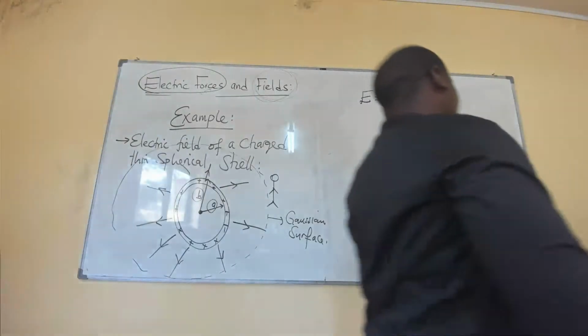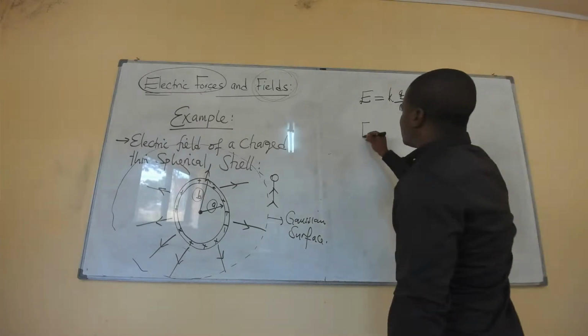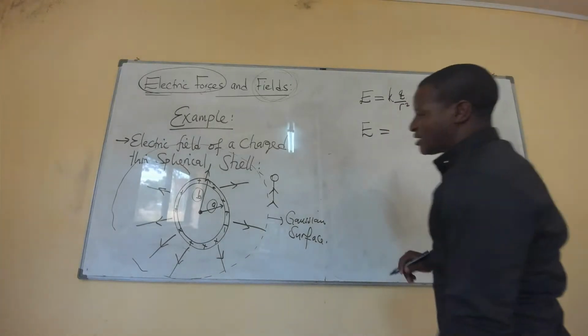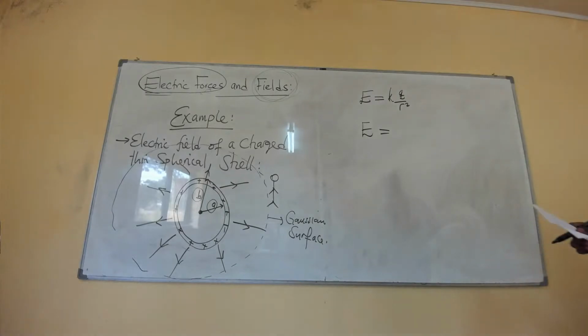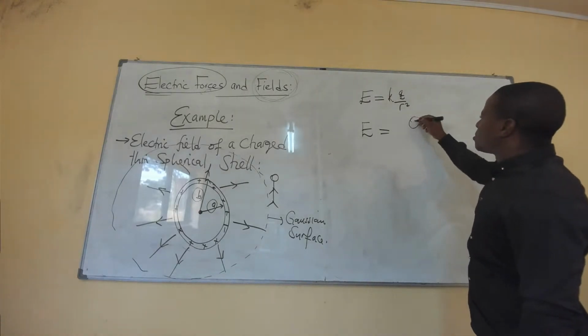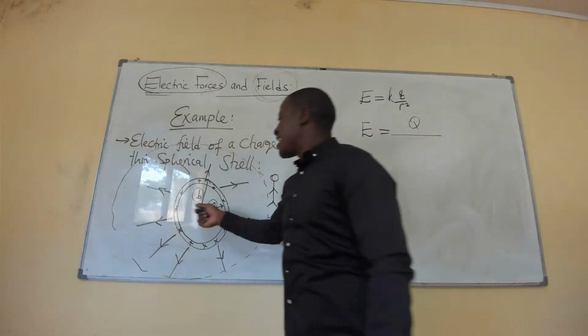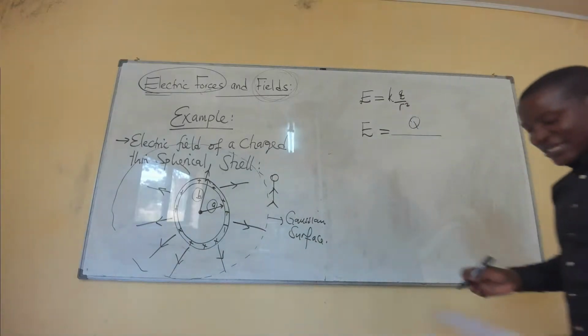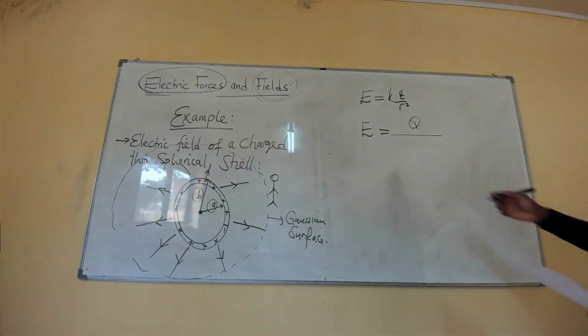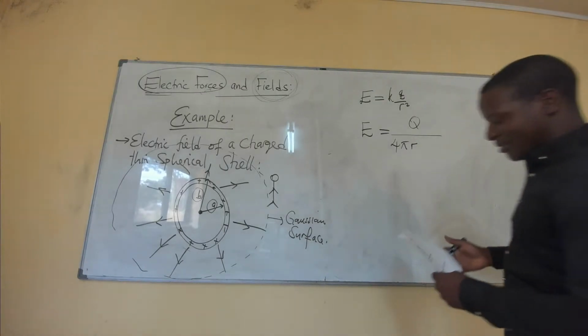So that entails that E, in this case, must be equal to our total charge, which is Q. We divide that by the actual area value, which is the same as 4 pi r squared.